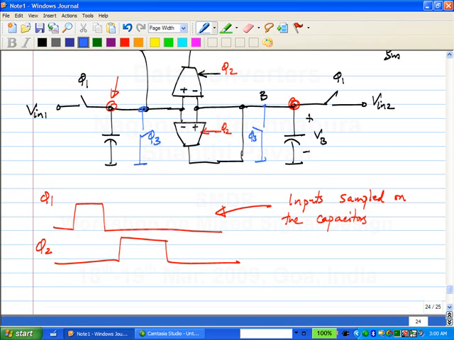So they have lost all prior memory. In other words, this is phi 3.